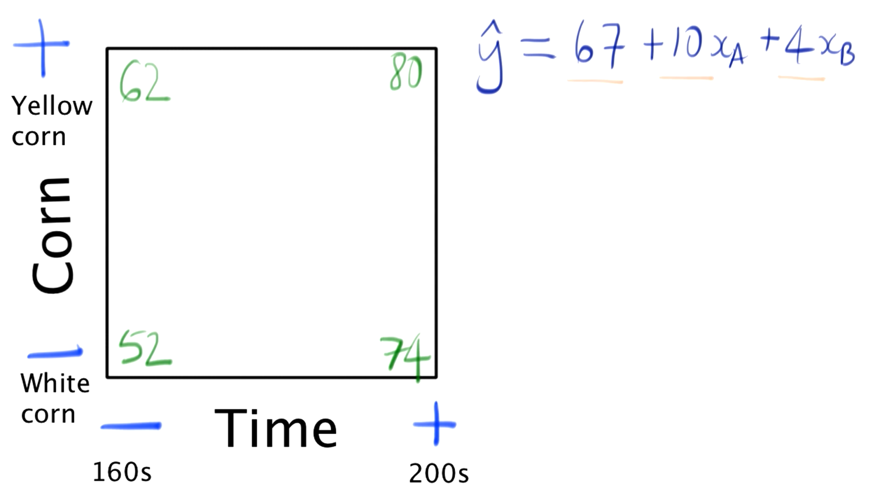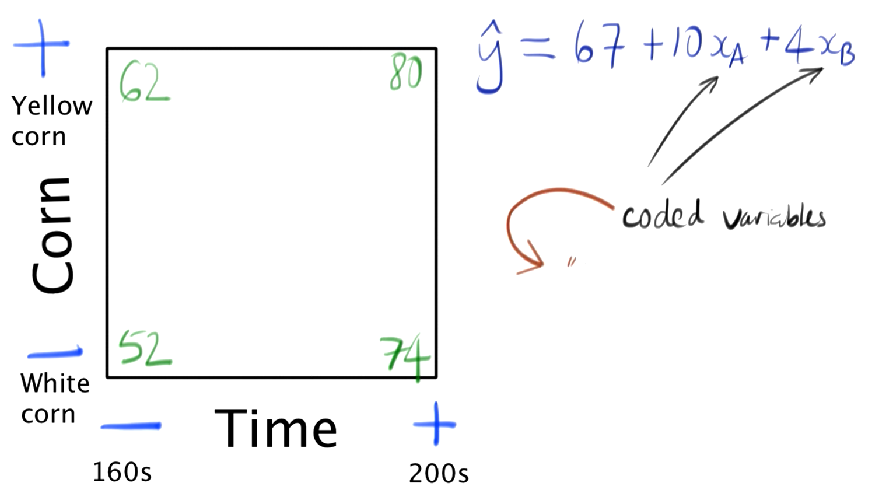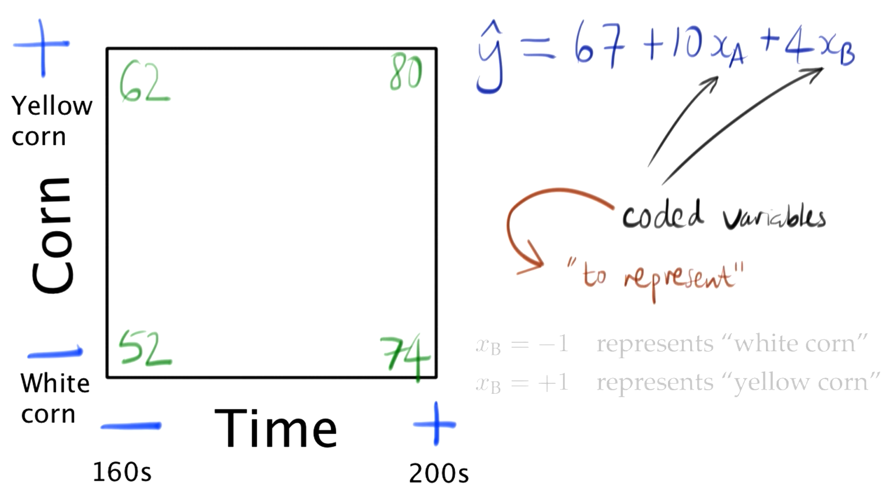Now, I know I haven't really spoken about what this XA and XB are. These are variables. Specifically, we call them coded variables. And in this area of work, the word code means to represent. So for example, in variable XB, we let -1 represent white corn, and we let +1 represent yellow corn.